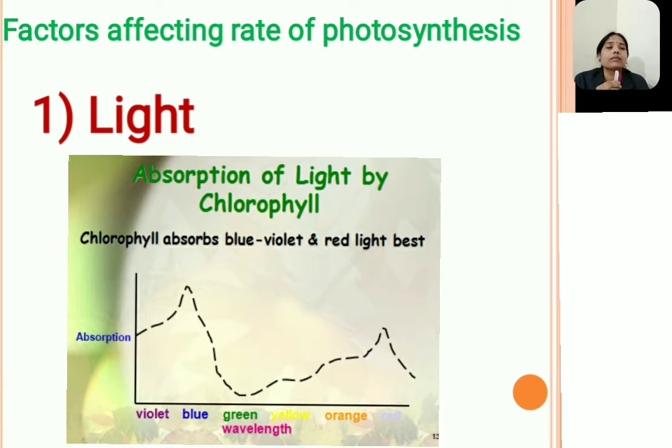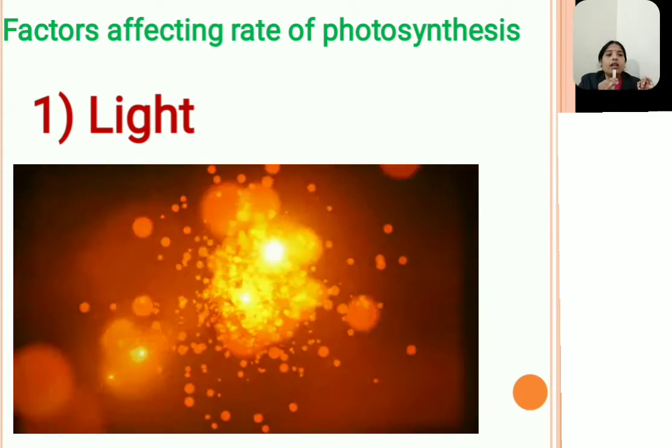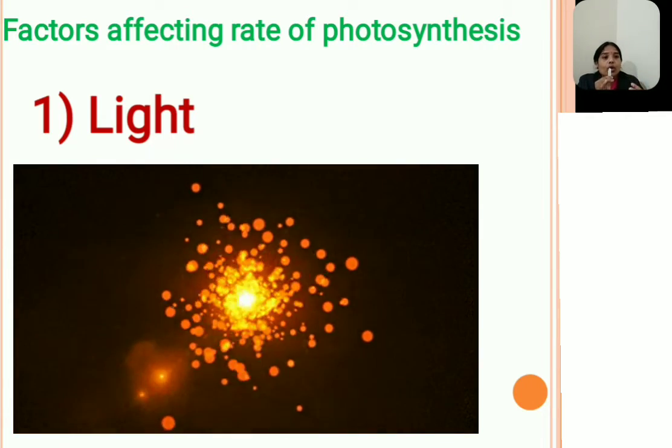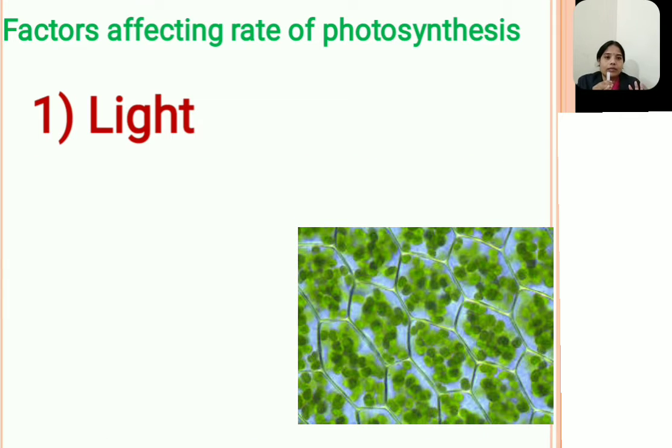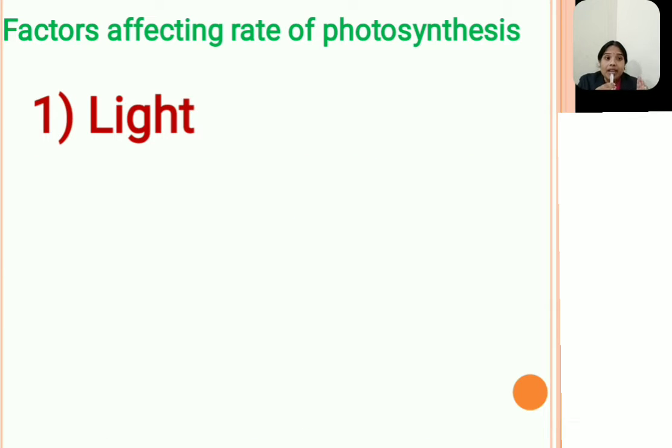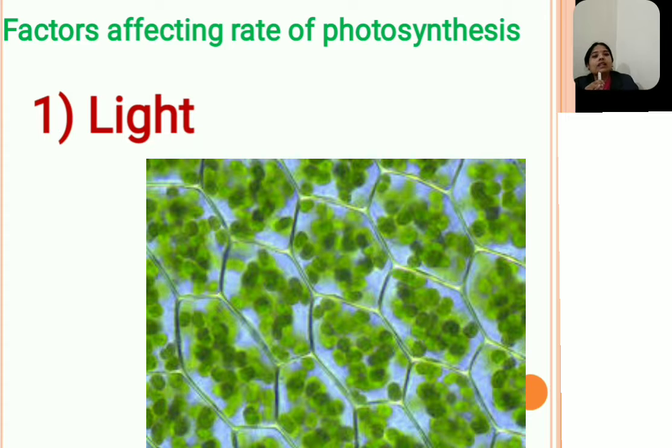After quality, the next point is intensity. If light intensity is increased beyond a certain point, beyond a certain limit, then chlorophyll undergoes photooxidation and chlorophyll is destroyed.